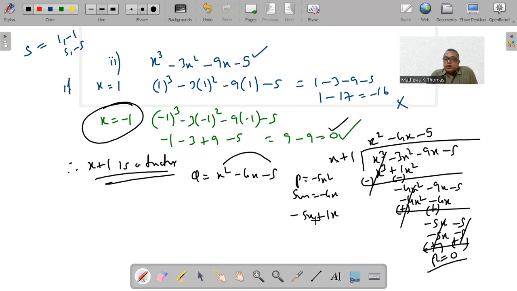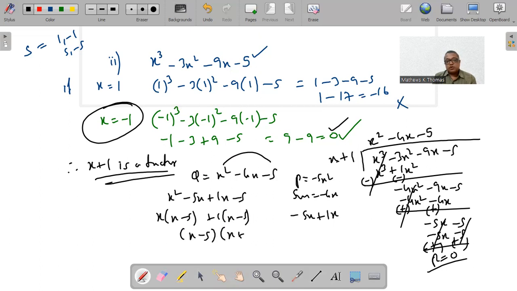Because when I multiply minus 5 and plus 1, I'll get minus 5x squared. When I add minus 5x and plus 1x, I'll get minus 4x. So my factors are minus 5x plus 1x. First number and last number remain as they are. x common, x minus 5; 1 common, x minus 5. Combine this, we get x minus 5 and x plus 1.